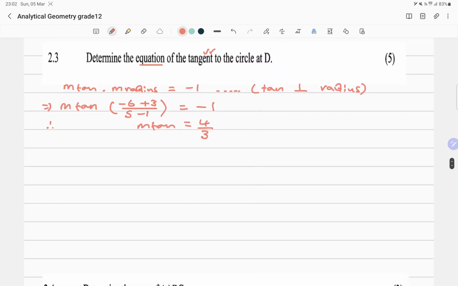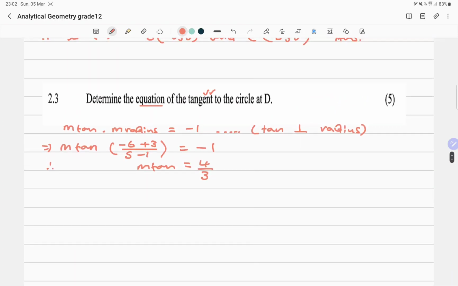Okay, do I have enough space? It looks like I still do. So now this implies what? It implies that my tangent is such that y is equal to 4 over 3 x plus c, isn't it? Which would be the y-intercept.